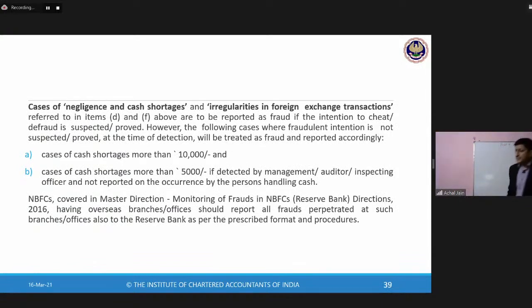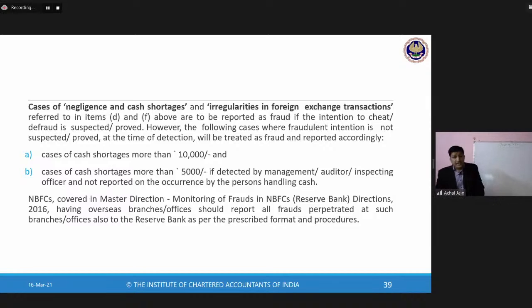These are types of frauds. These are reported as fraud if the intention to cheat or defraud is suspected or proved. So unlike other categories, these will be reported as fraud only if there is an intention to cheat or defraud that is suspected or proved, otherwise not.